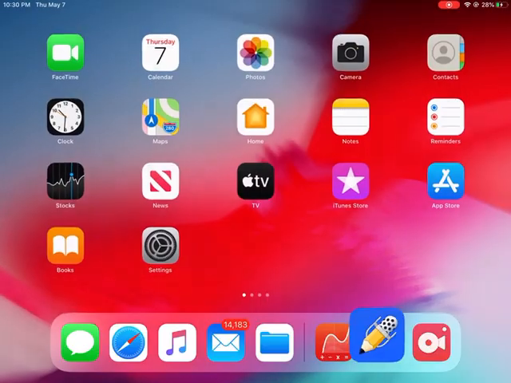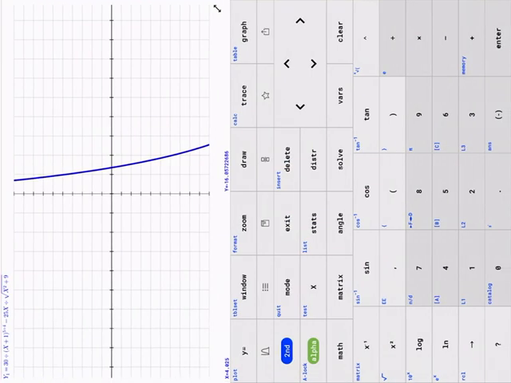So when you do this with your calculator, here we have that in there already, and here's what it looks like. And you might have to turn your iPad or whatever. I'm going to turn it up a little bit.